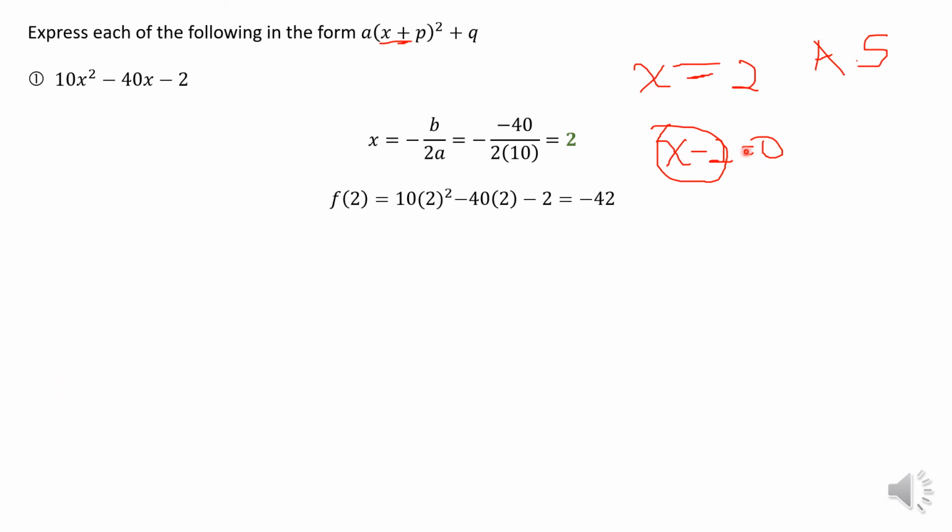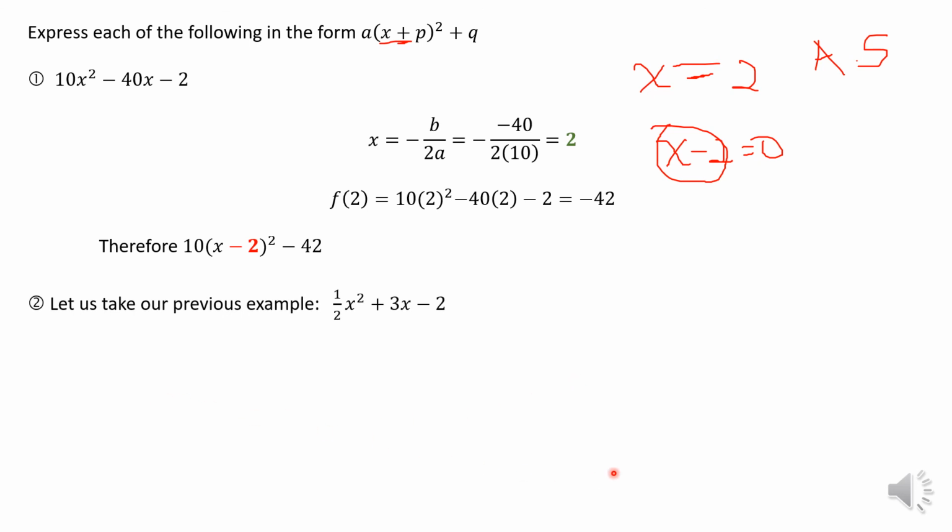So once I take that value and substitute it for x into the function, I'm going to get my value of q. That's the nice thing about using this formula. So you see I've indicated in red, here it's positive, but inside here is negative. Your a you can identify easily, it's 10, and your q is that value that you get once you substitute f of 2 into every part where there is an x.